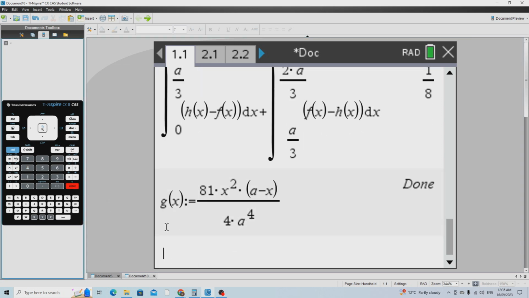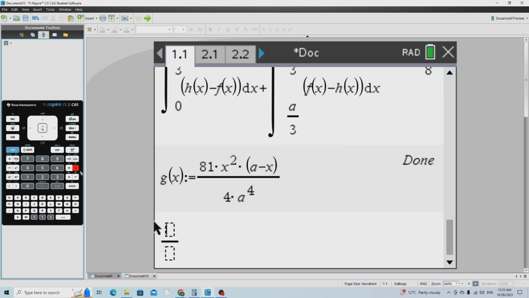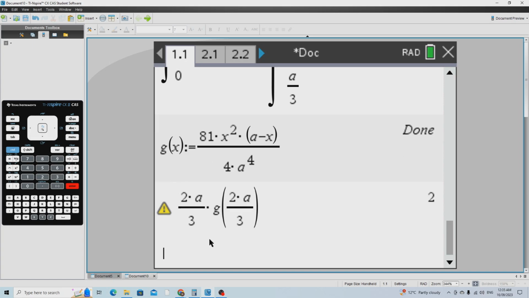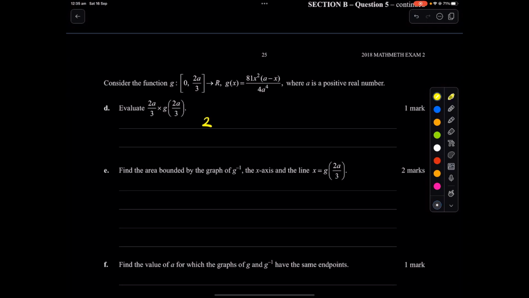Done. So we want to evaluate 2a on 3 times g of 2a on 3. That's 2, so let's write 2.